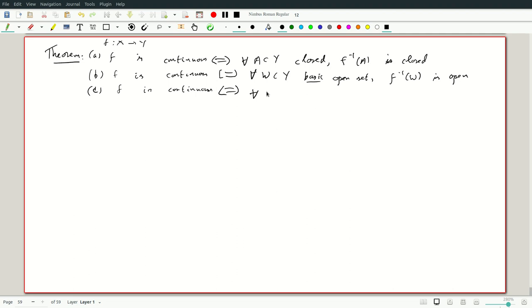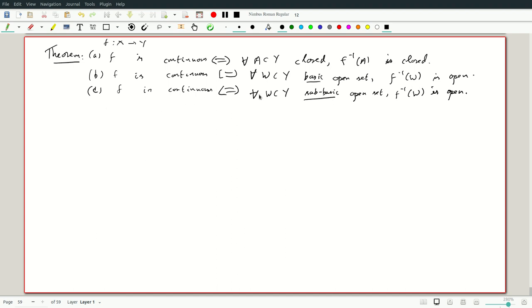And here, for all W in Y sub-basic open set, f inverse of W is open. I should clarify and emphasize, being a basic set is not a property of the topology. What I mean is that there is a fixed basis, so that this is true for all sets in that basis. There is a fixed sub-basis for which this is true, that's given to you.